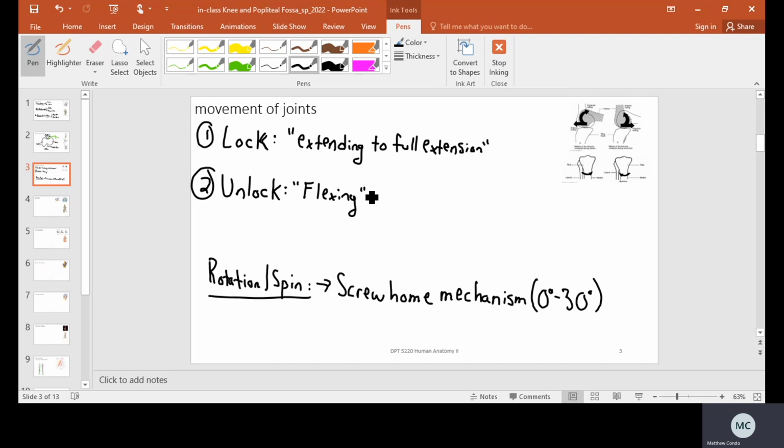So here's what I want you to think about. If my patient is performing knee extension, open chain, this guy, right? Here's what happens. From 30 degrees to 0 degrees, the lateral tibial plateau runs out of space. We talked about that. My lateral tibial plateau is smaller than my medial tibial plateau.